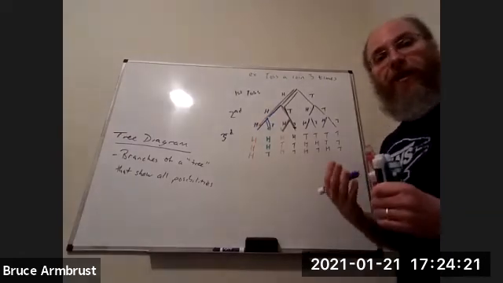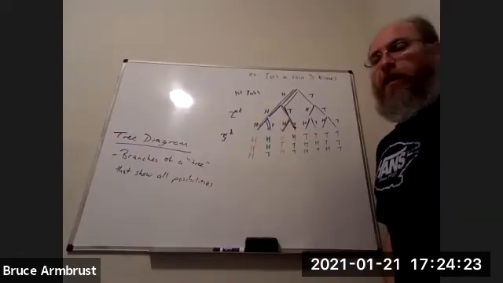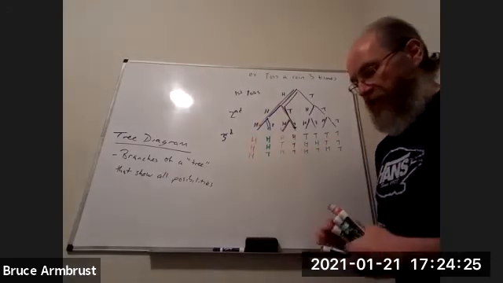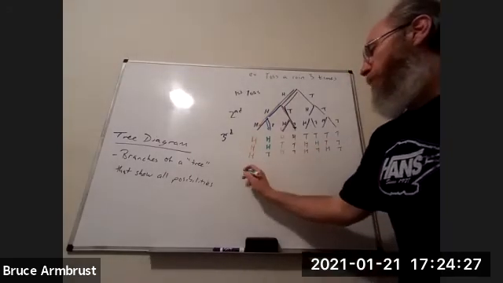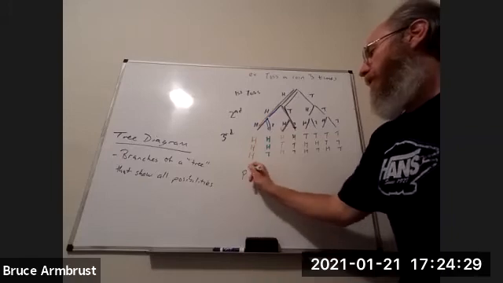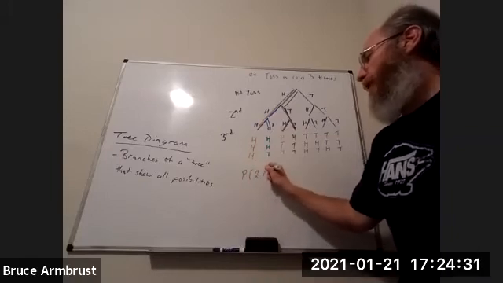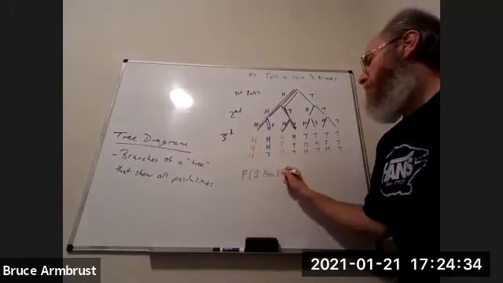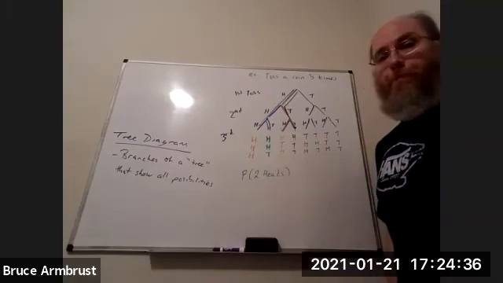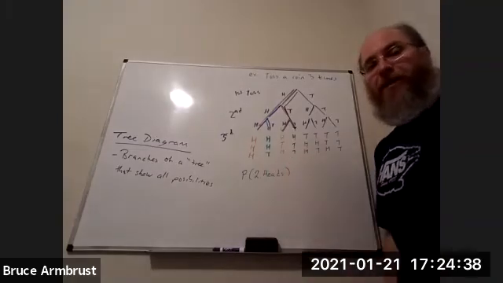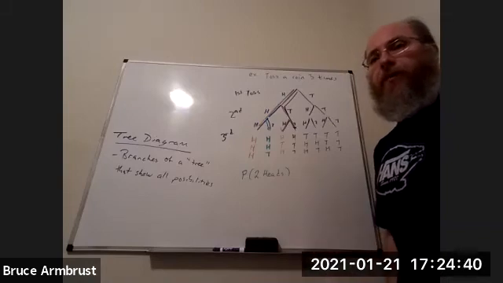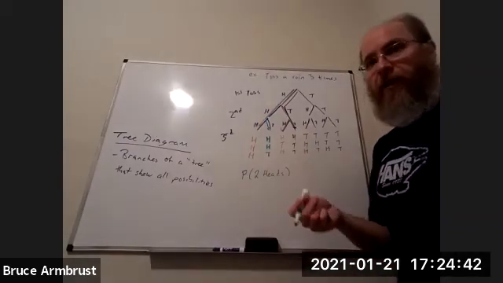All right, so here's how this helps us with probabilities. Suppose I asked you this: what's the probability of getting 2 heads? So I toss a coin 3 times, and what's the probability that twice it comes up heads?